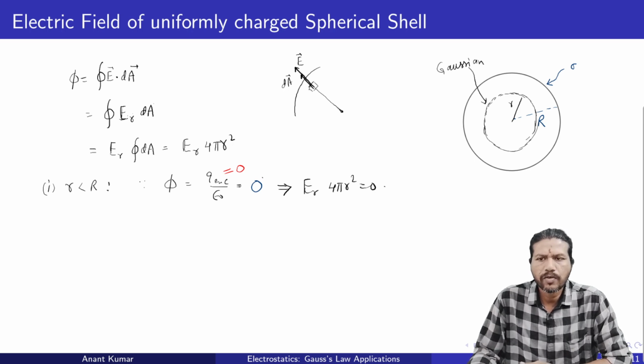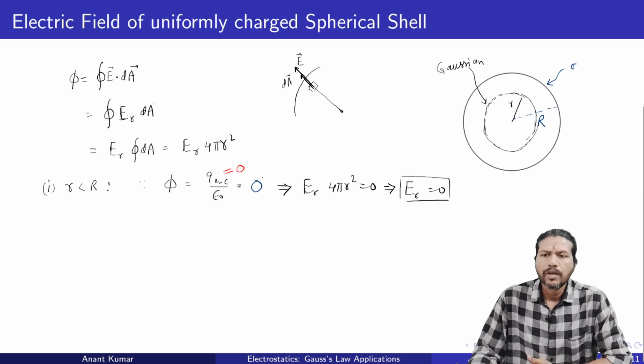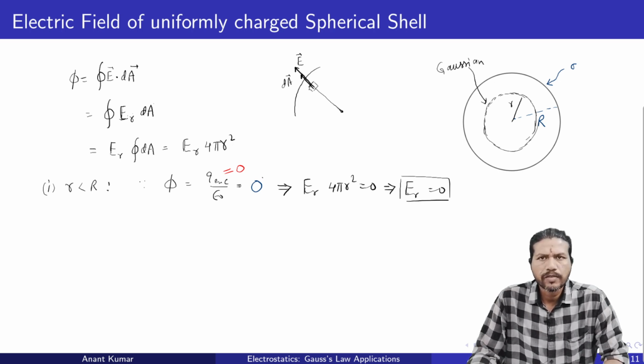Obviously 4 pi r square is not 0. That means the radial component should be 0. So the radial field has to be 0. Now because there is no other component, the entire electric field inside is 0 as well. So the electric field is 0 inside uniformly charged shells.